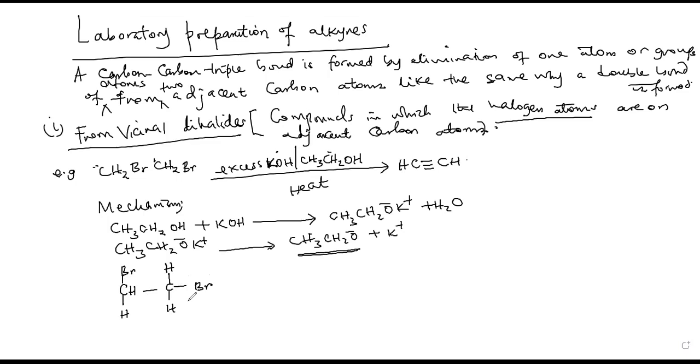So the reaction is like this: now you bring your ethoxide ion. We shall do more examples, of course. If you bring your ethoxide, it will come here, create a double bond here, and the bromide will go. That is the first step. Because remember, we need a triple bond.